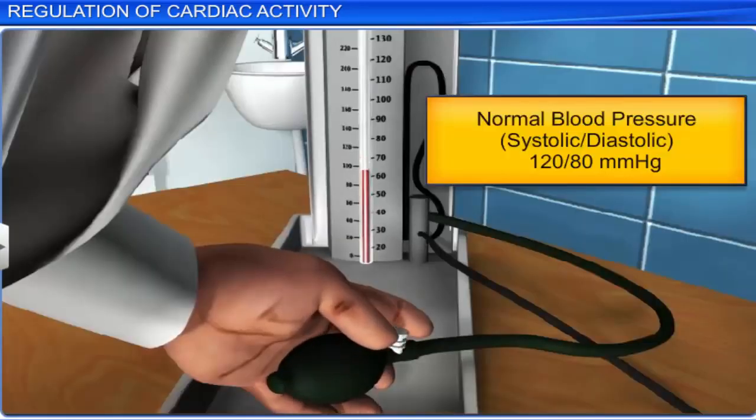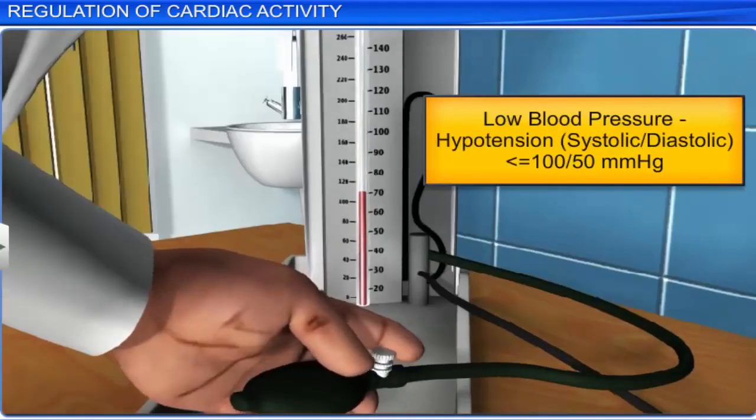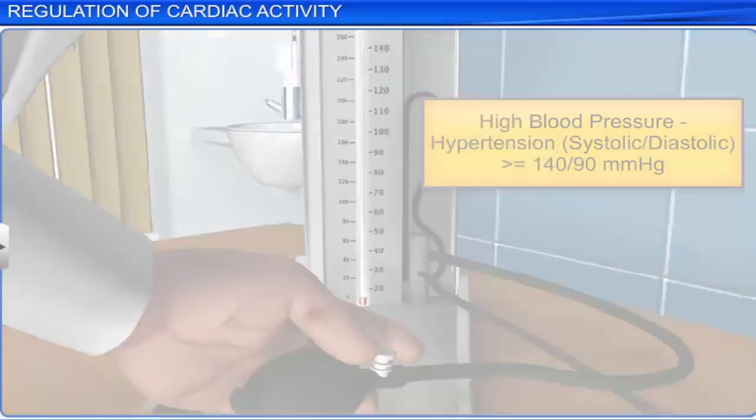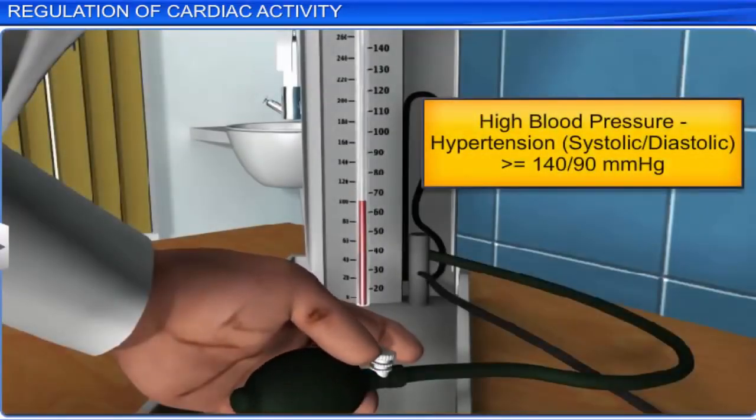A healthy individual has a systolic and diastolic pressure of 120/80 mmHg. When BP is 100/50 or less, it is called low blood pressure or hypotension. Similarly, when BP is 140/90 or more, it is called high blood pressure or hypertension.